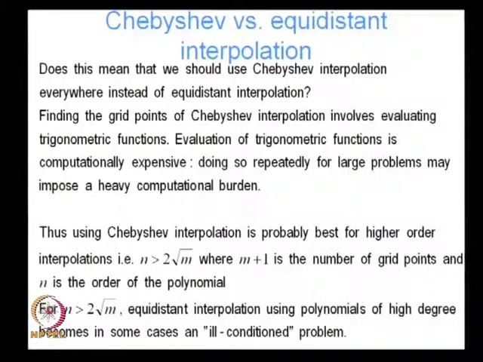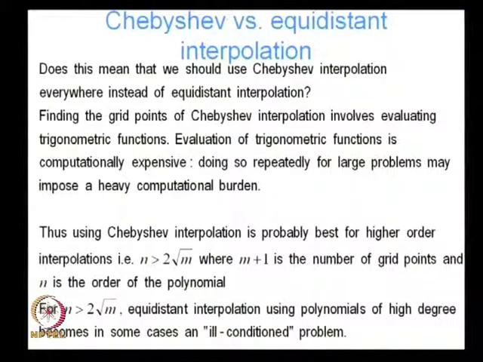So, using Chebyshev interpolation is probably best for higher order interpolations, that is n greater than 2 to the power root m. So, I have m plus 1 grid points, and the highest order polynomial I can fit to that is m.